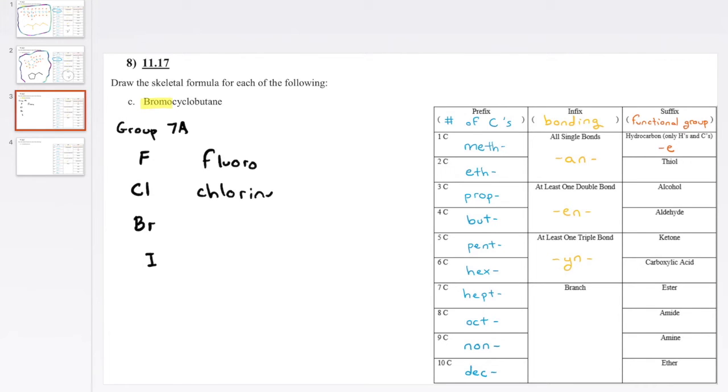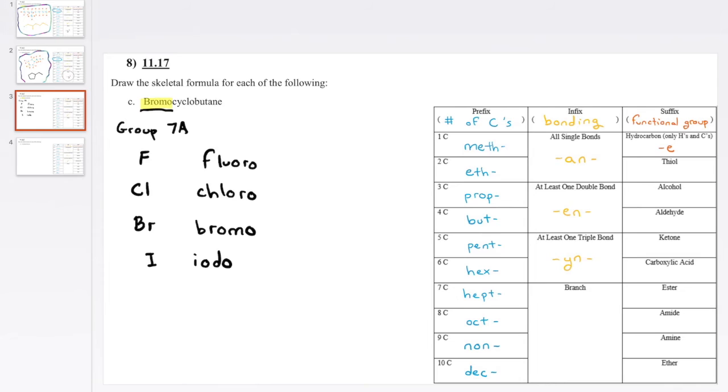Cl is chlorine, but when it's a branch off of a hydrocarbon, you take the INE off and you add an O. Br is bromine, and I is iodine, and the same rule applies. So these are the branch names for the halogens in group 7A.